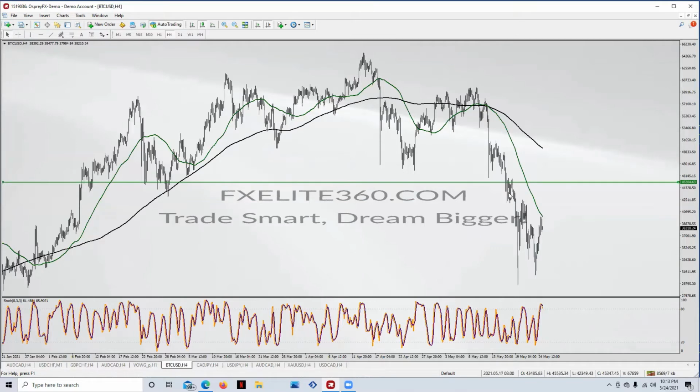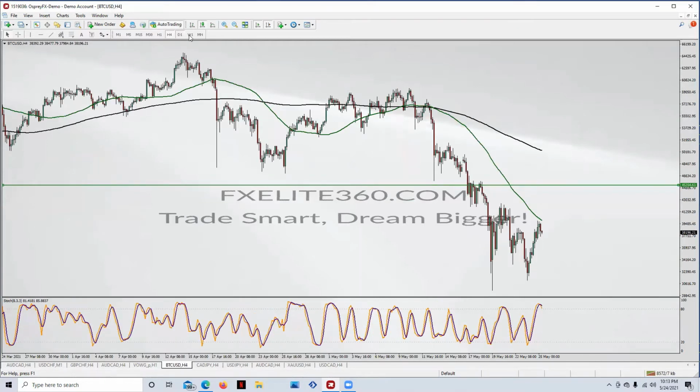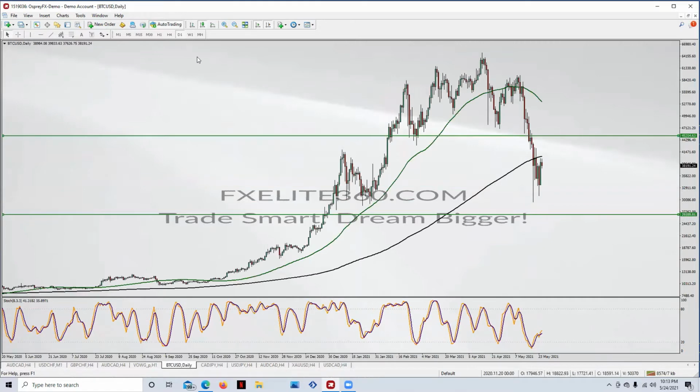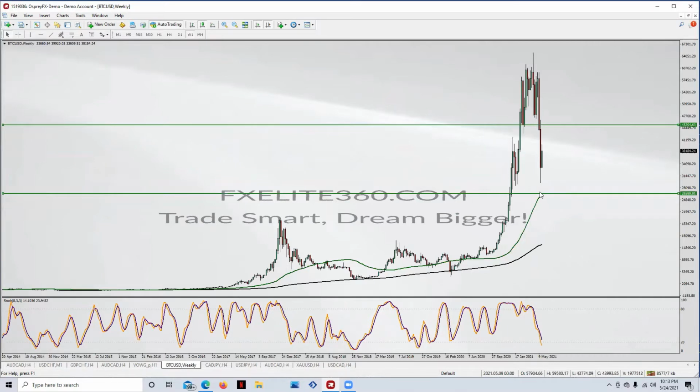As you can see, this was a support area previously. When we broke this level, we came back to retest it and price just went bunkers from here. So it's a possibility that on the weekly we can test the 55 moving average right over here, and then maybe come back and retest around the 45,000 area, and then maybe get a continuation on this.